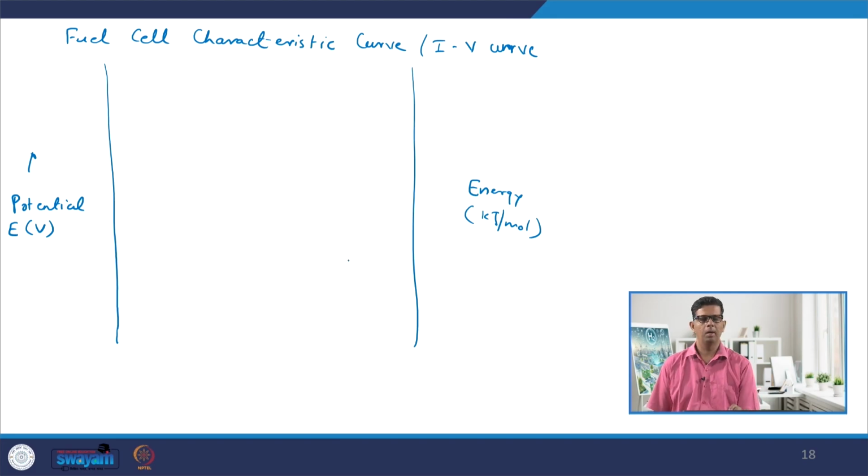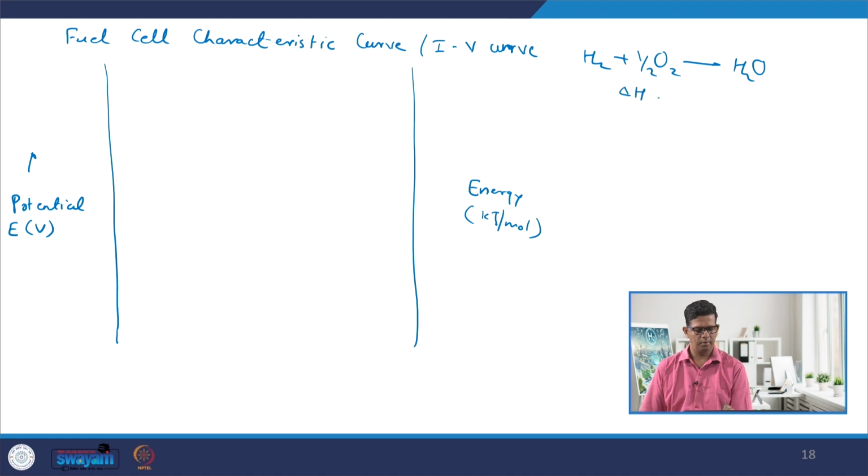If we recollect, let us take our standard hydrogen oxygen reaction. The enthalpy of this reaction, delta H, is minus 286 kilojoules, that is the total enthalpy. I can write it on an intrinsic basis at STP, and it is minus 286 kilojoules per mole.